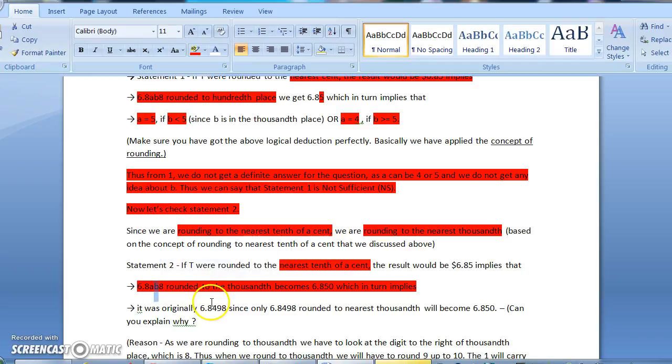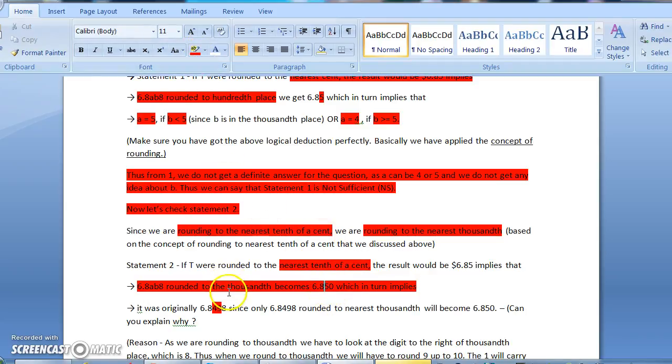Now what digit should it originally be if I have to round it up and it has to become 0? The value has to be 9. Because only 9, when I round it up, will become 10, which will then leave a 0 in this place, and the 1 will carry over to the 100th place. Add with 4 and you will get the result as 5 over there, right?